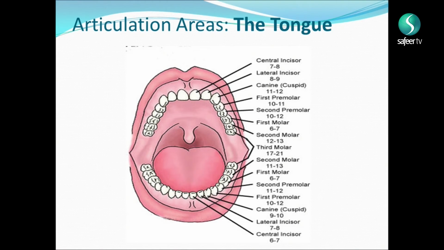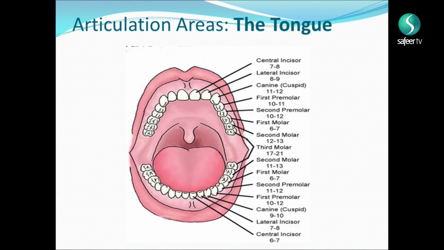So the names of our teeth, or the molars: the first part, which is the front teeth, we call the central incisors. Actually, we have four, two in the upper jaw and two in the lower jaw. And then we have the lateral incisors, actually four, two in the upper jaw and two in the lower jaw.